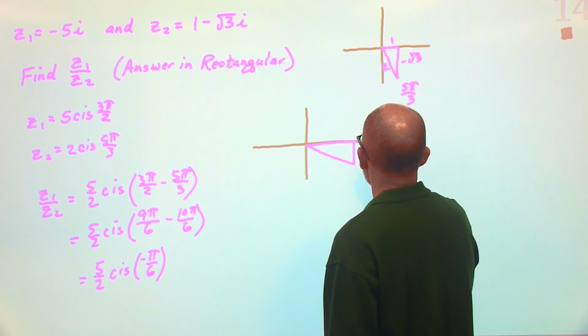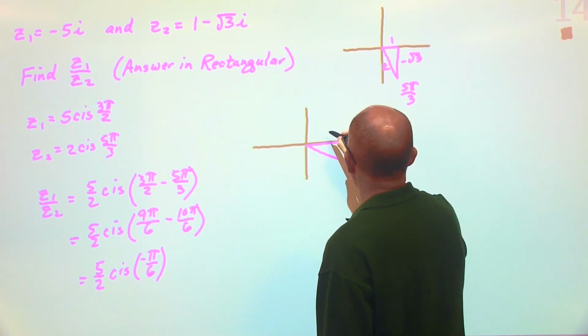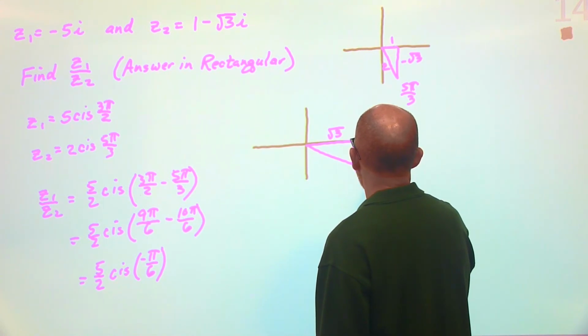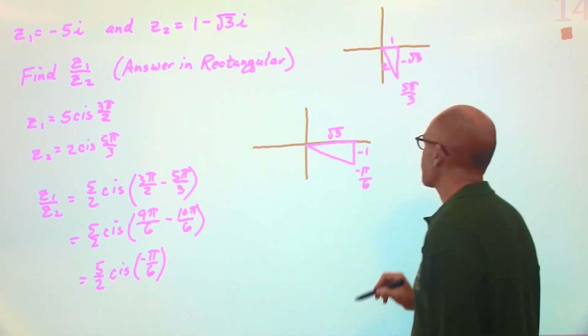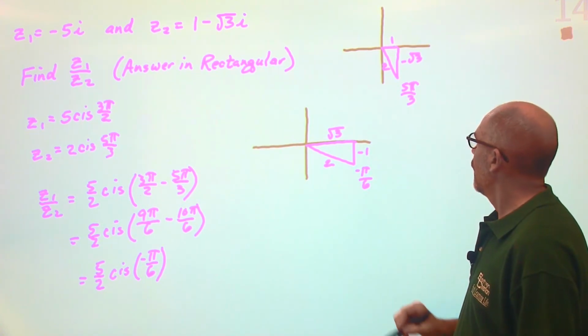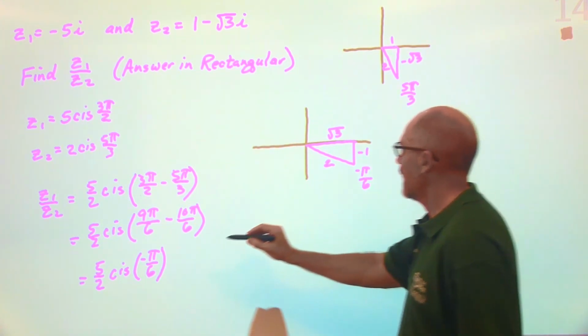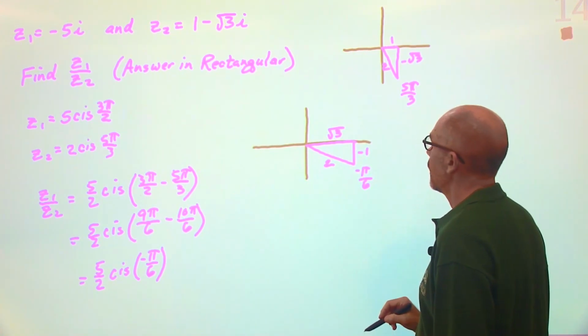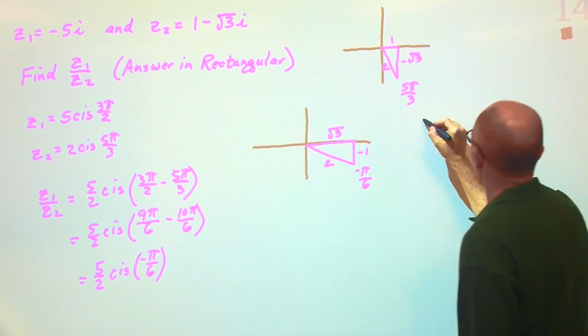So this becomes down 1 and right square root of 3, and here's my angle negative pi over 6, and this is a 2. So cosine of negative pi over 6 is square root of 3 over 2.